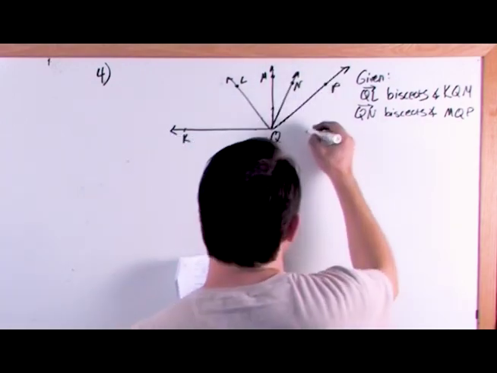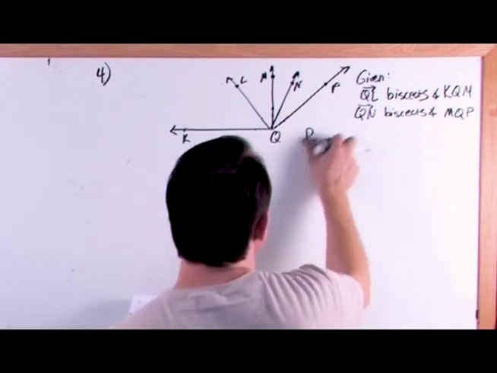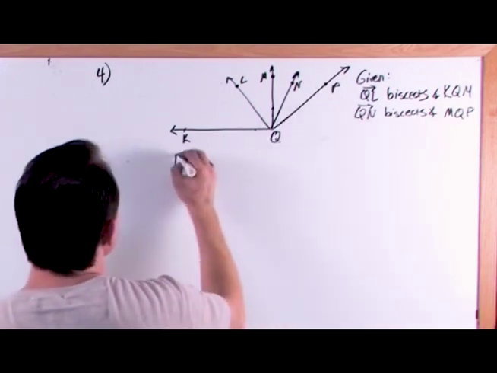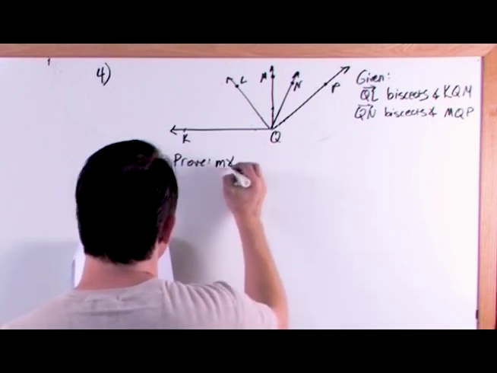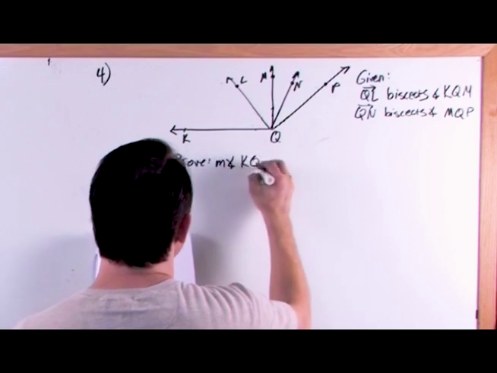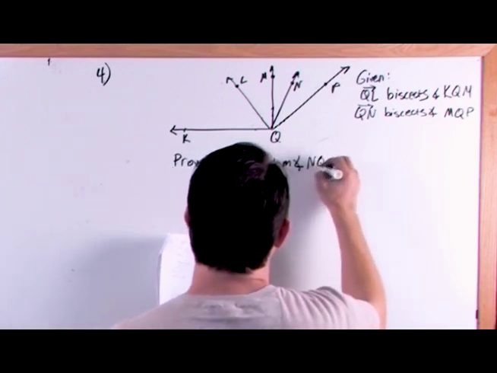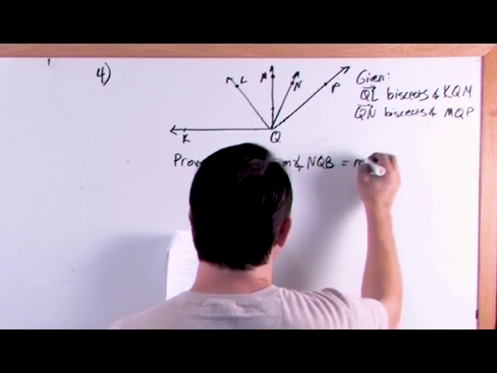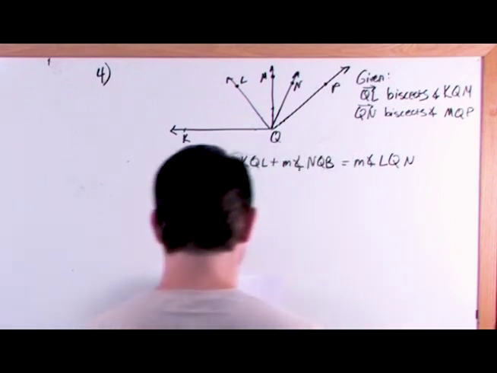So now you want to prove, in fact, I'm going to go ahead and write this down right here. You want to prove that the measure of angle KQL plus the measure of angle NQP is equal to the measure of angle LQN.